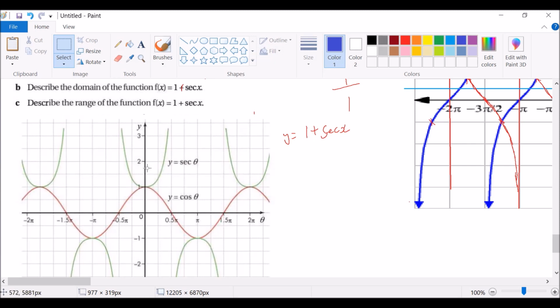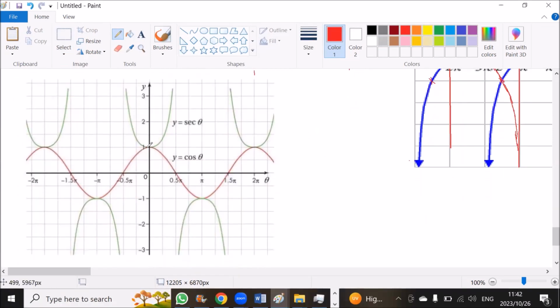So we are going to move this graph up by 1 unit along the y-axis. So this point here will move from 1 to 2. So we'll have this coming up there. This also will move up there. This also will move up there.